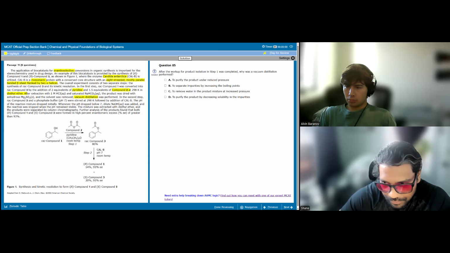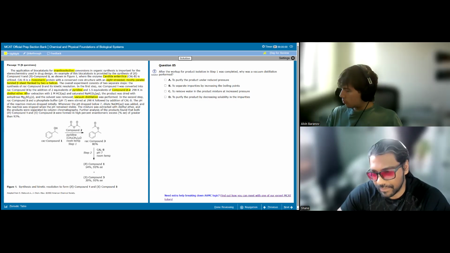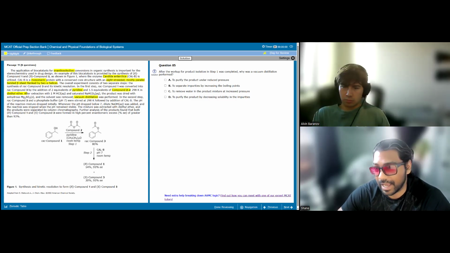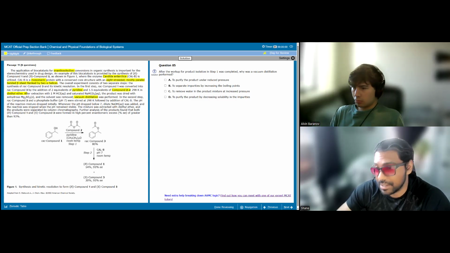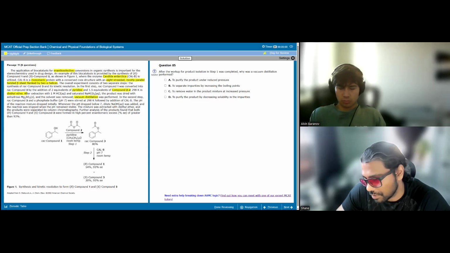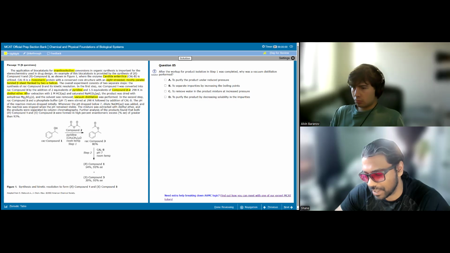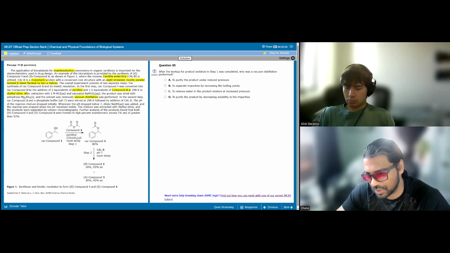For chromatography, it's different affinities for the stationary phase relative to the mobile phase. And that can include size exclusion, right? That doesn't have to do with polarity. So it's not always dependent on polarity.